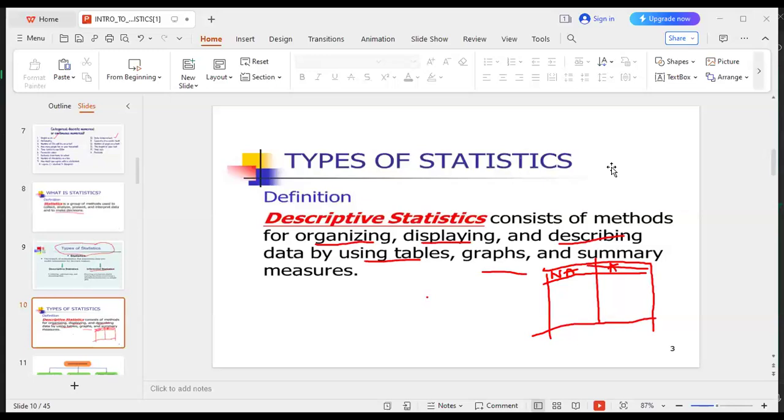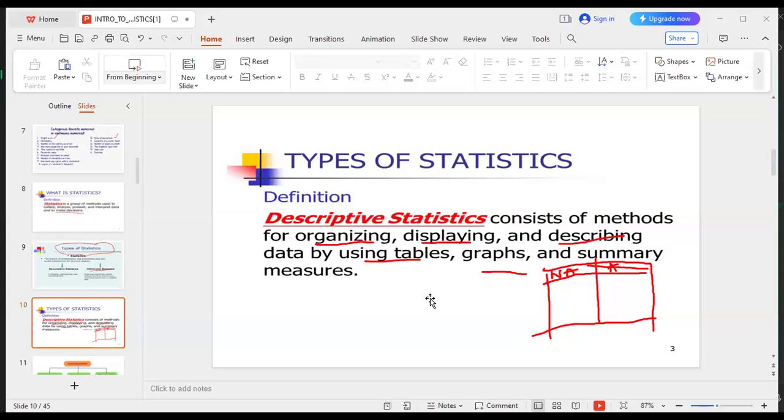So I was saying we have two types of statistics. One is descriptive, and the other is what we call inferential. I was trying to explain what descriptive is. It consists of methods of organizing, displaying, and describing data by using tables, graphs, and summary measures. Now I was trying to illustrate that you can represent data in a table. For example, here I have the name of students, and there I have age.